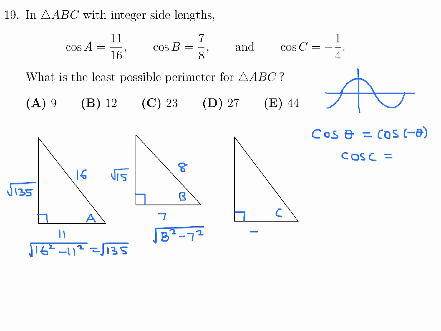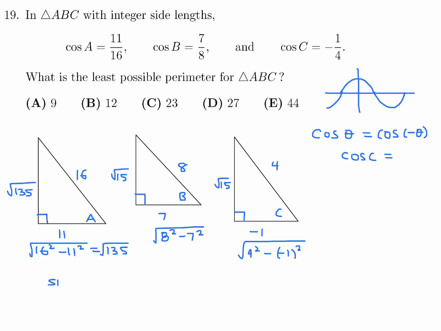So even if this was negative 1, I know that doesn't make any sense. But even if you did that, let's say it was on the other side of the x-axis, to get this side, it would just be 4 squared minus negative 1 squared square root, which is root 15. Okay, doing that allows us to get the sine values.